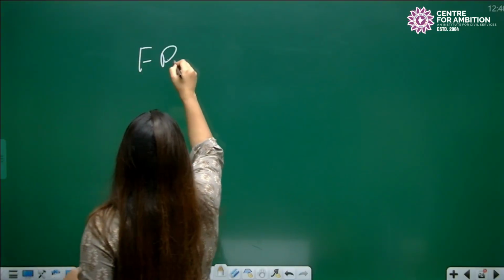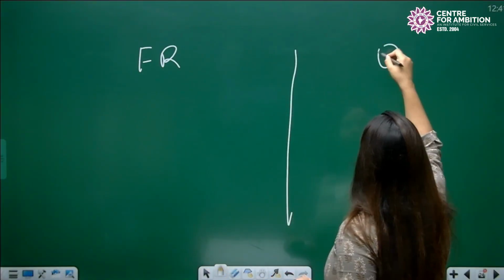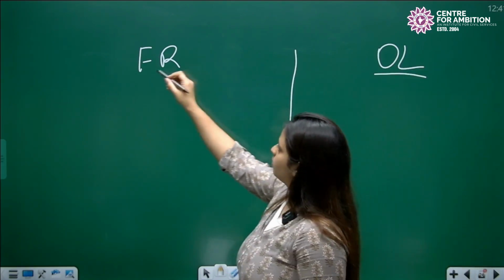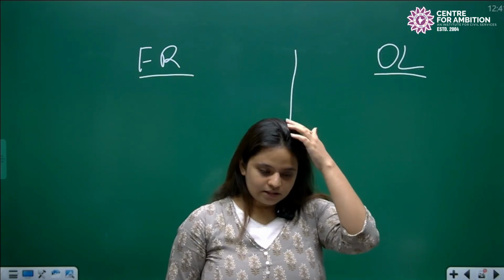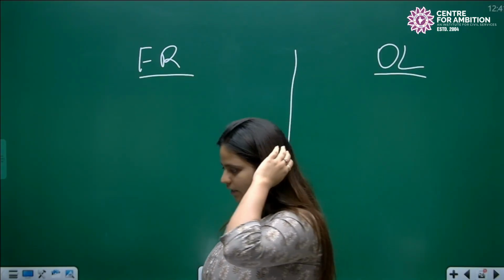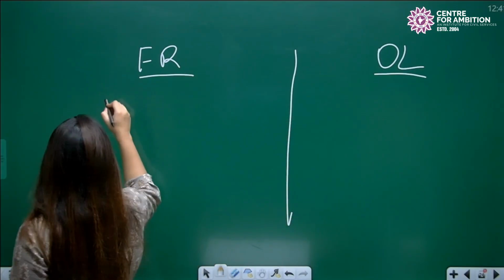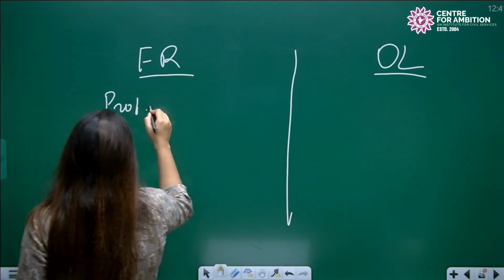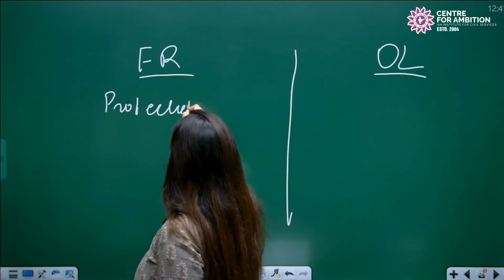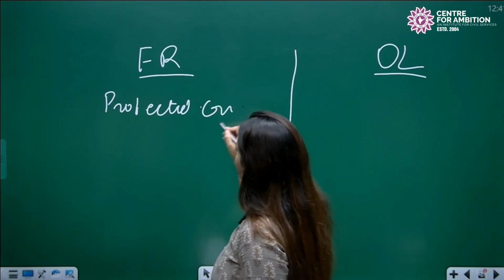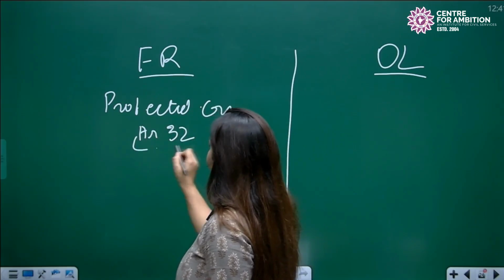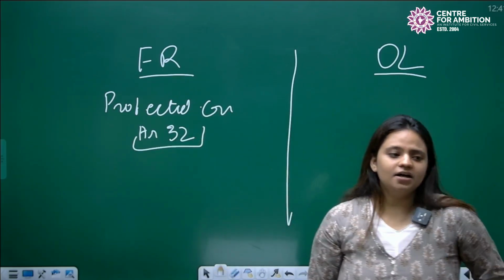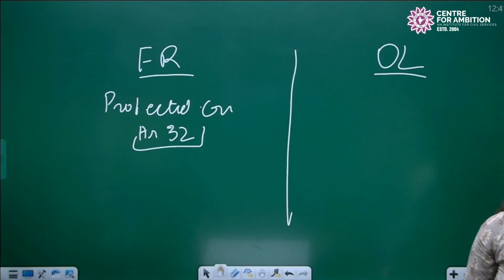See, in the case of fundamental rights and ordinary laws, OL is for ordinary laws and FR is for fundamental rights. So fundamental rights, firstly we see that they are protected by the Constitution under Article 32, which is the writ jurisdiction.